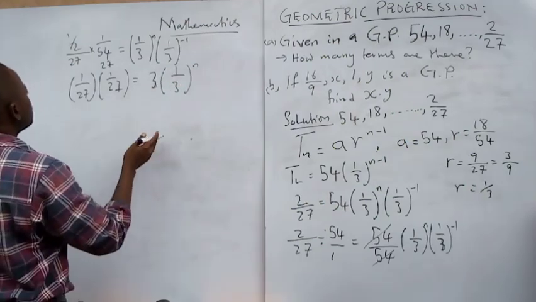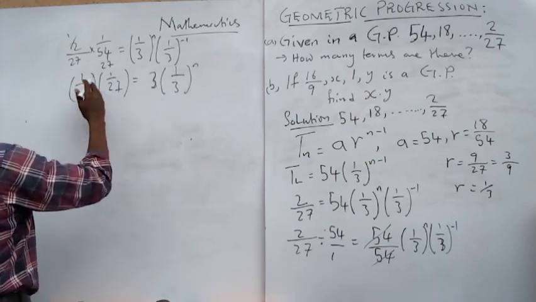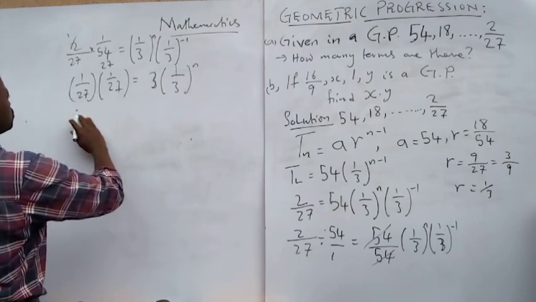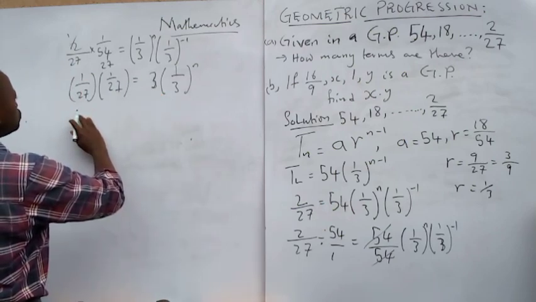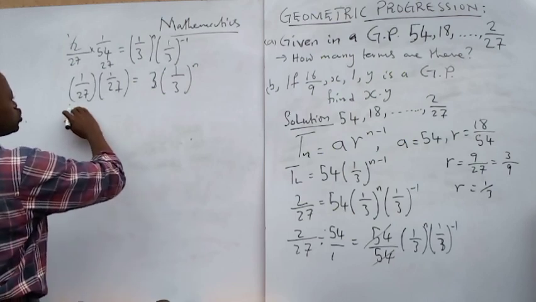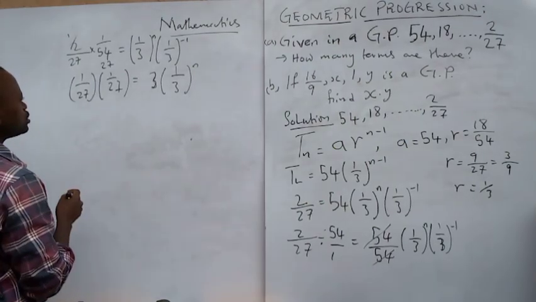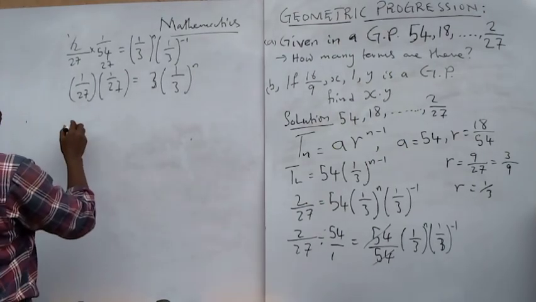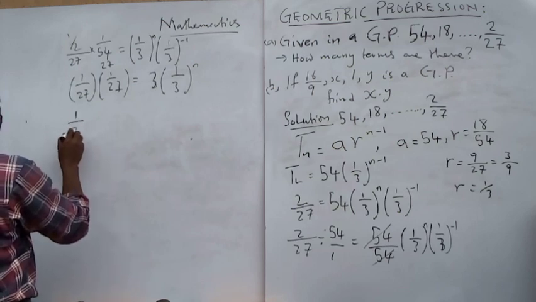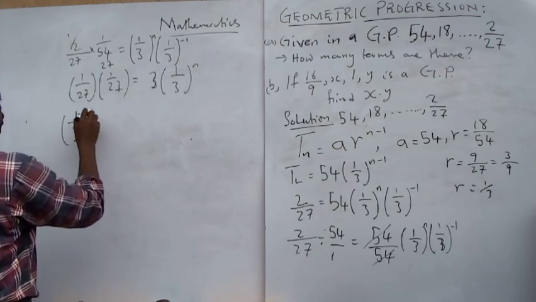So this is still coming over here. Let me multiply through by 1 over 3. I'm sure you will get that. If I multiply through by 1 over 3, this will be 1 over 3 raised to power 1.